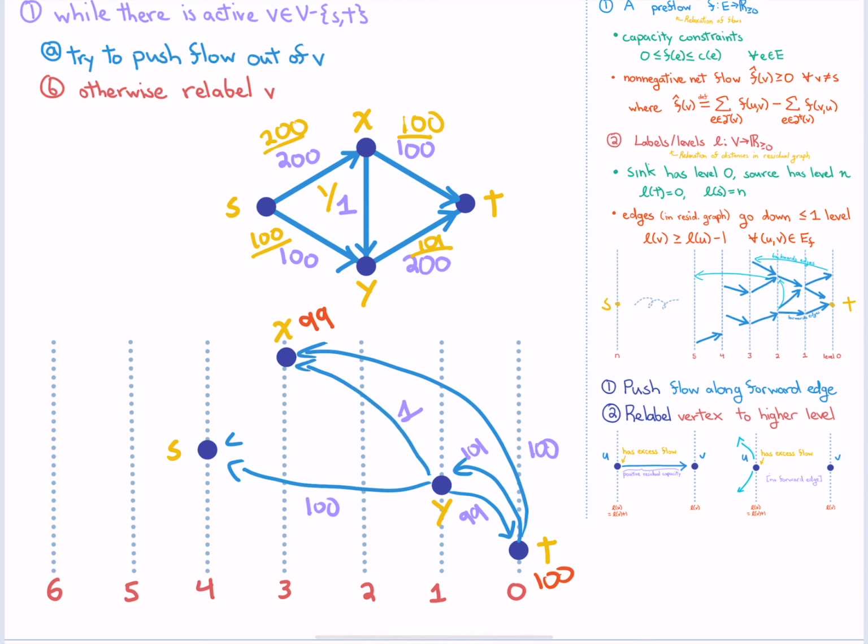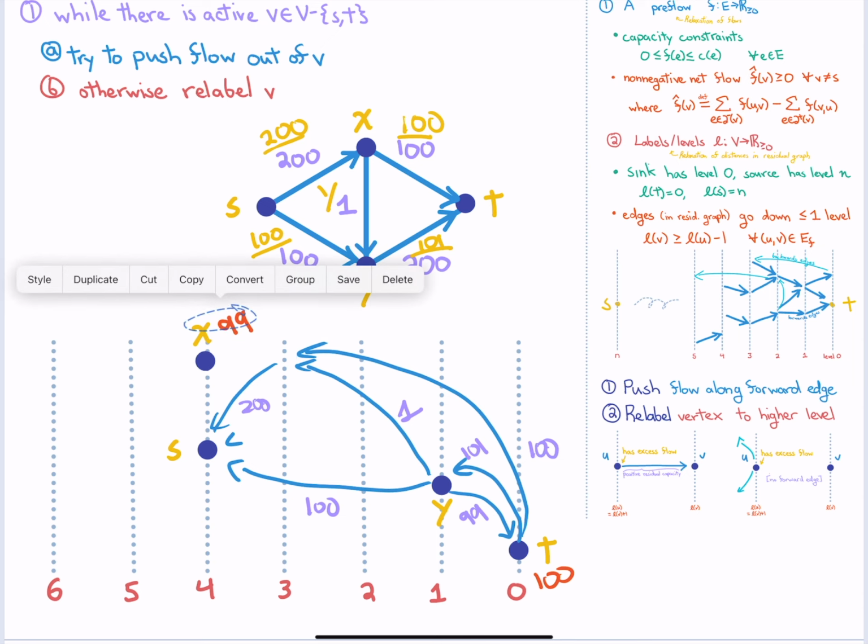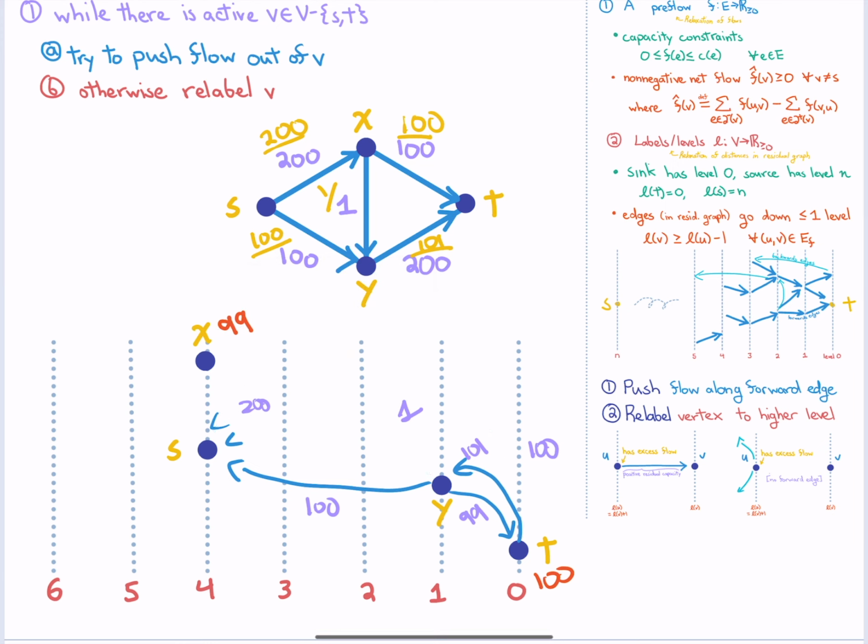And then an edge like that. All right, pick an active vertex. Pick X again. Do you want to push or relabel? All right, relabel, no forward edges. I have to redraw the same edges again.